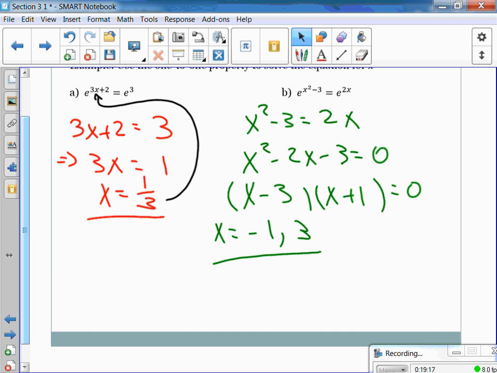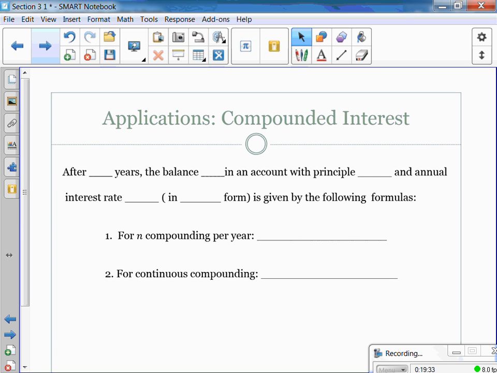Question. The big thing with exponential functions, there's quite a bit of very useful applications. A particular one we should all be intimately familiar with, or want to be familiar with, is dealing with money. Compound interest.